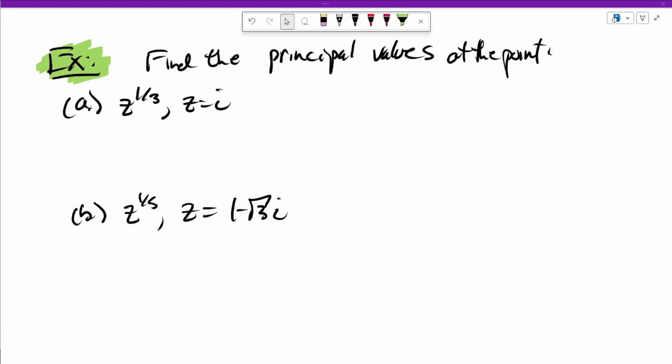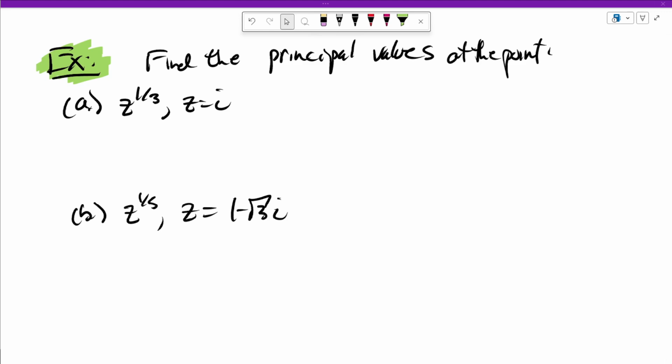All right, so we're going to compute some more principal values, principal roots. In example, in the first part A, we're looking for the principal cube root of i.